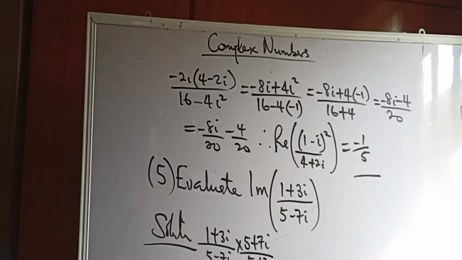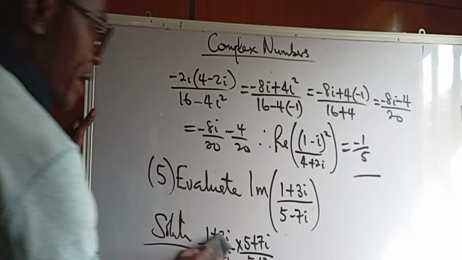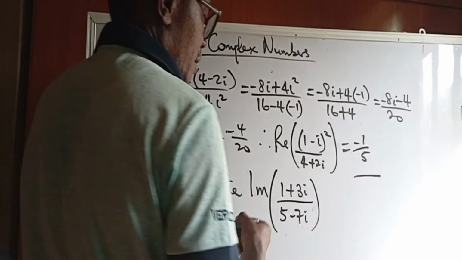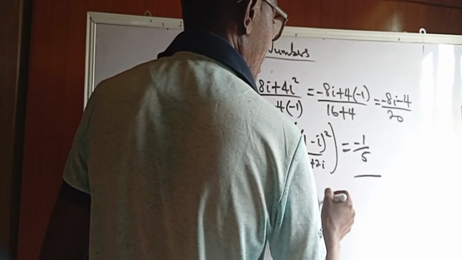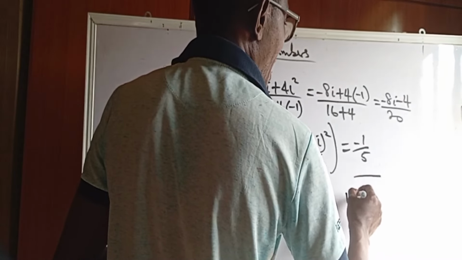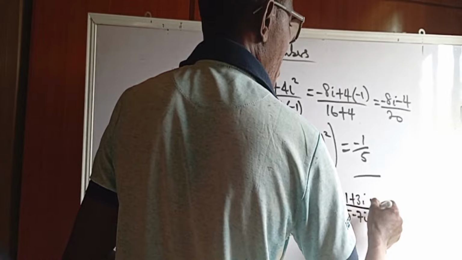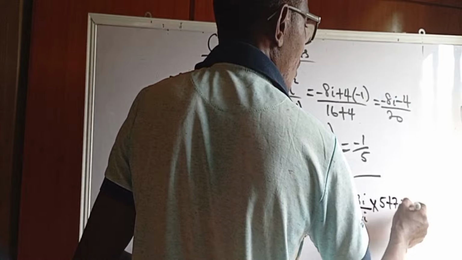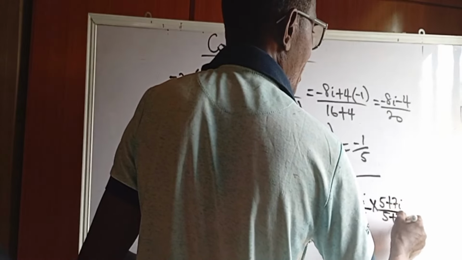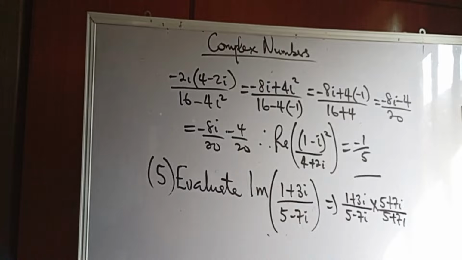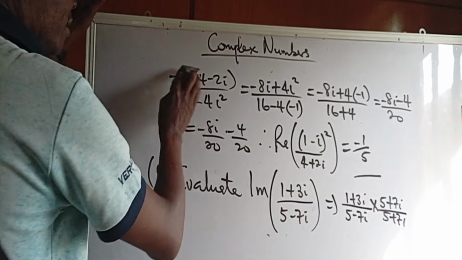Let me rewrite this somewhere here. That is, 1 plus 3I all over 5 minus 7I multiplied by 5 plus 7I over 5 plus 7I, because 5 plus 7I is the complex conjugate of 5 minus 7I.